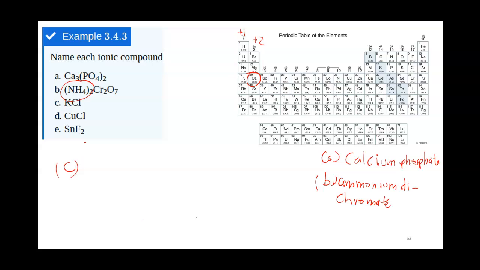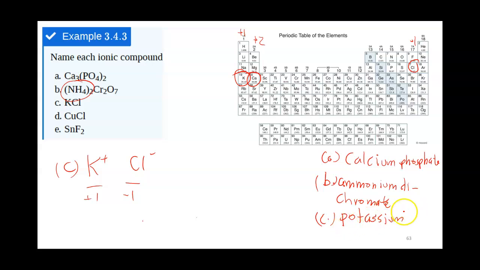Alright, so potassium is in the group 1 column. We only got one of these guys. And then chlorine is in the -1 column, group 7A. And we got one of those. So our cation here is not a variable charge, it's a fixed charge, so we just write its name.